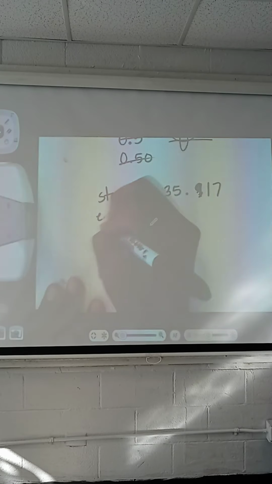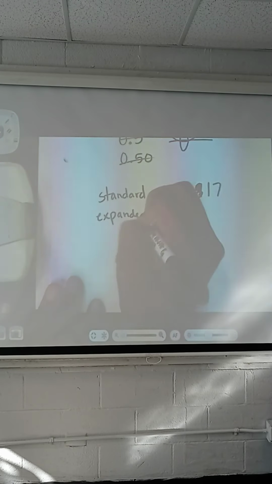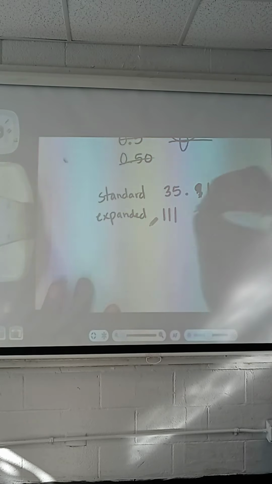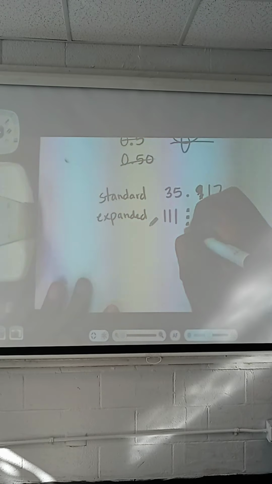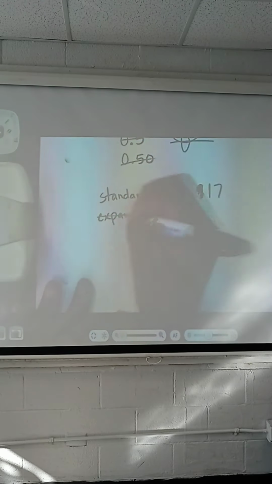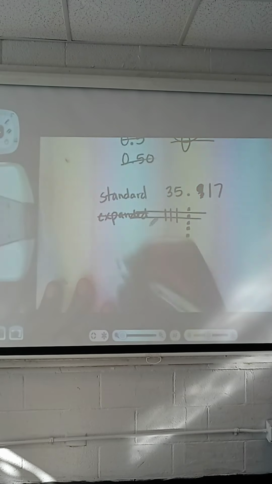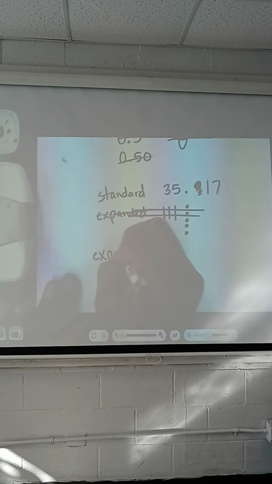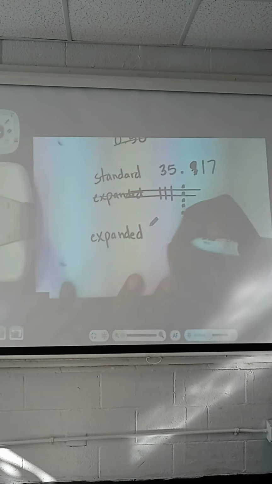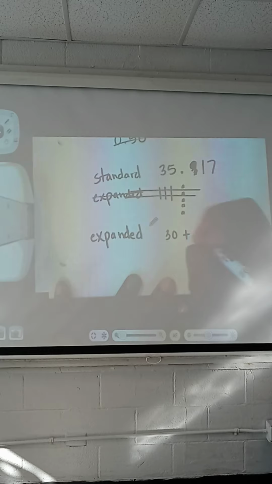If I expand it, it's gonna be 3 tens, 5 ones. Now, wait a minute, let me get my stuff together. I wanna do expanded form, then I'll model the lane. Expanded: 30 plus 5 plus 1 tenth plus 7 hundredths.